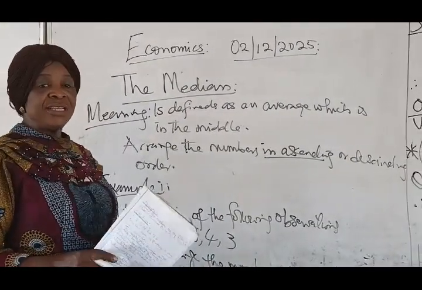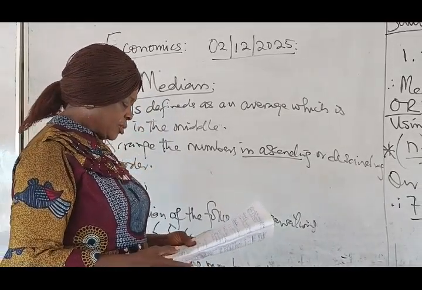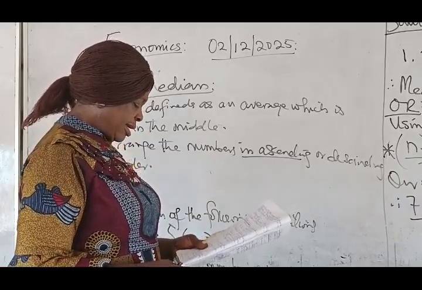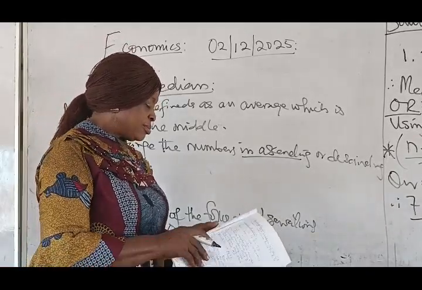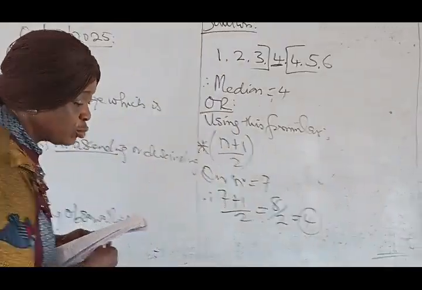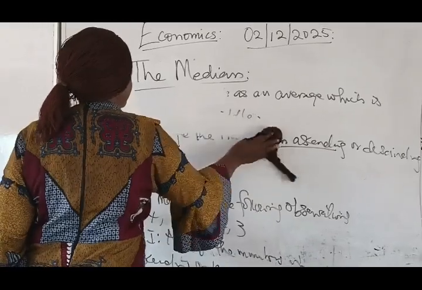You can as well arrange in descending order. So our median there is the fourth position in the observation. Let us quickly look at example 2 of the median.